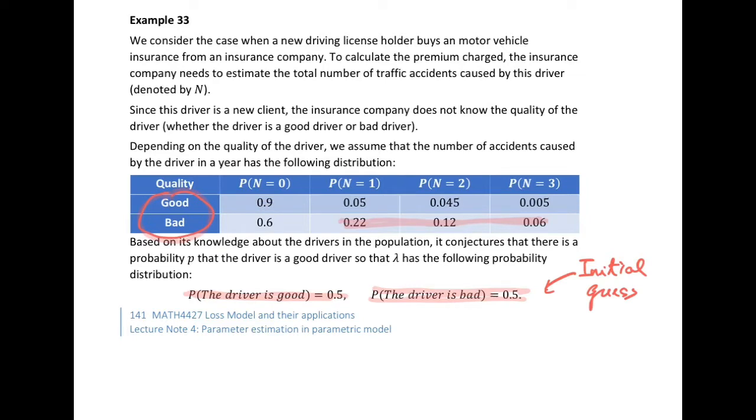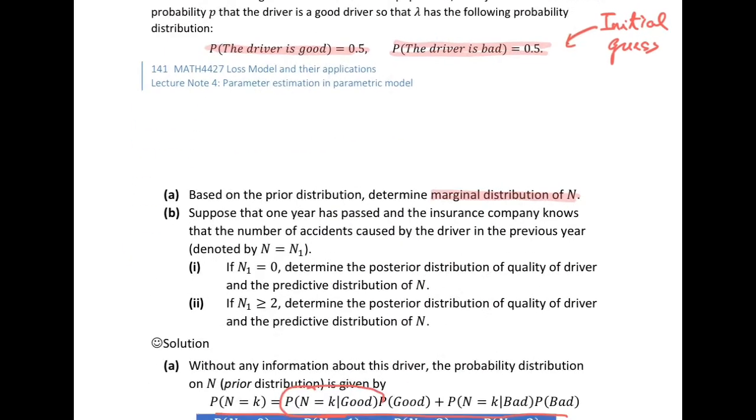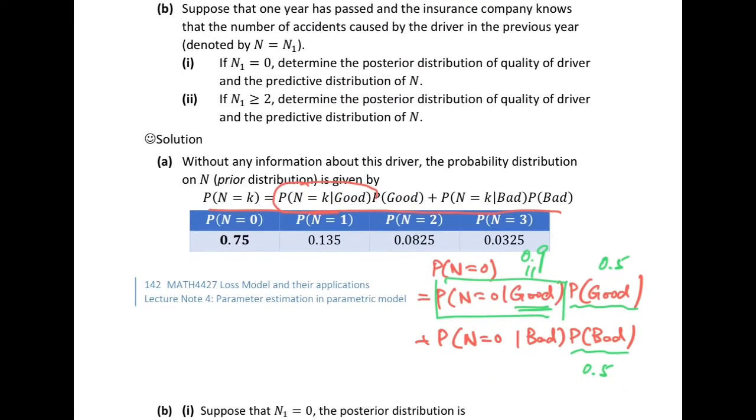So good driver, then the probability that N equals 0 will be 0.9. And similarly for a bad driver, this probability will be 0.6. Then you just sum them up, and you will get 0.75, which is the number that you get over there.